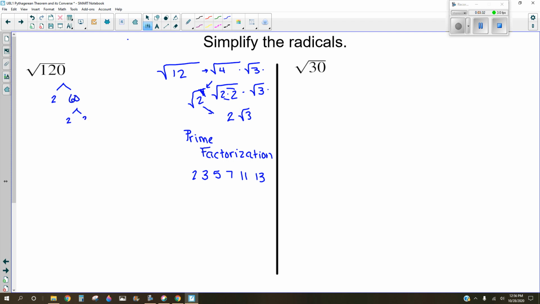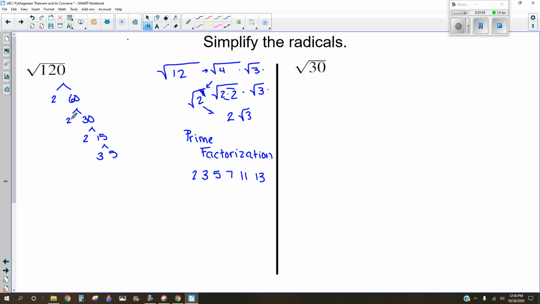And 2 times 30 equals 60. 2 is a prime factor, 30 is not. So let's break 30 down. Good. 2 is a prime, 15 is composite because it is created out of 3 and 5. These two are both prime.